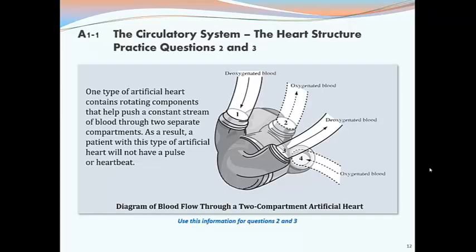Now, questions number 2 and 3 require us to look at this diagram of an artificial heart. It is important to note that maybe you've never seen a heart like this, or maybe your teacher never talked about a component like this. And this is a good time to introduce the fact that in Science 30, and actually all science courses within Alberta Education, we have 3 different things that we try to teach in terms of outcomes.